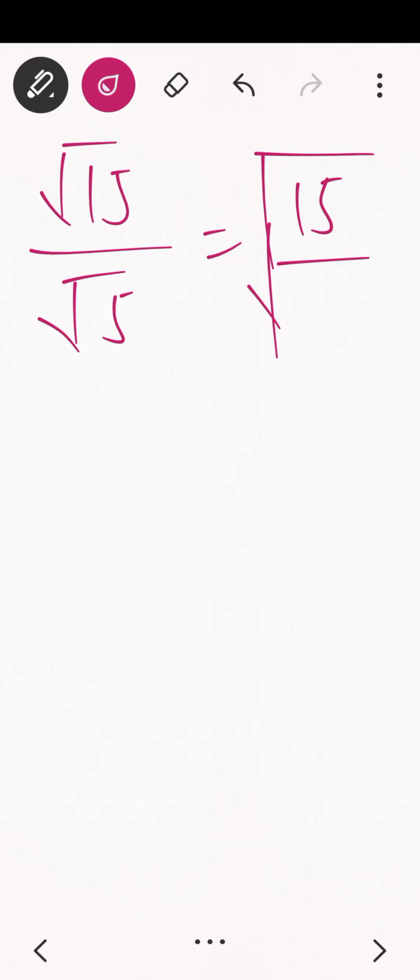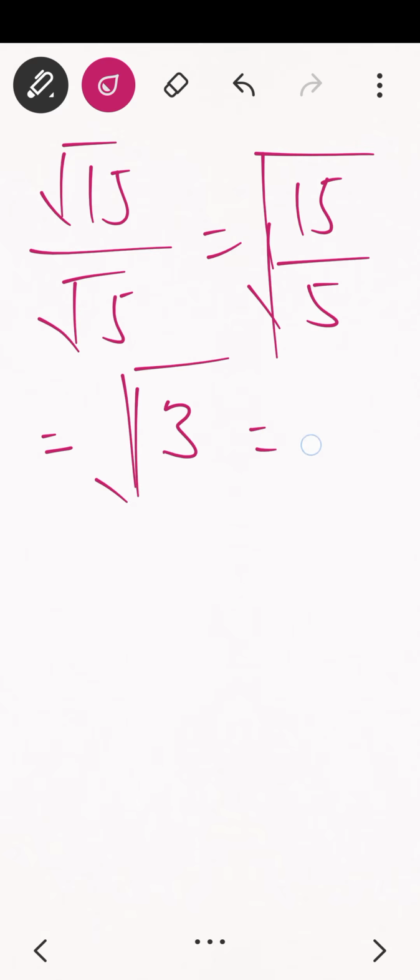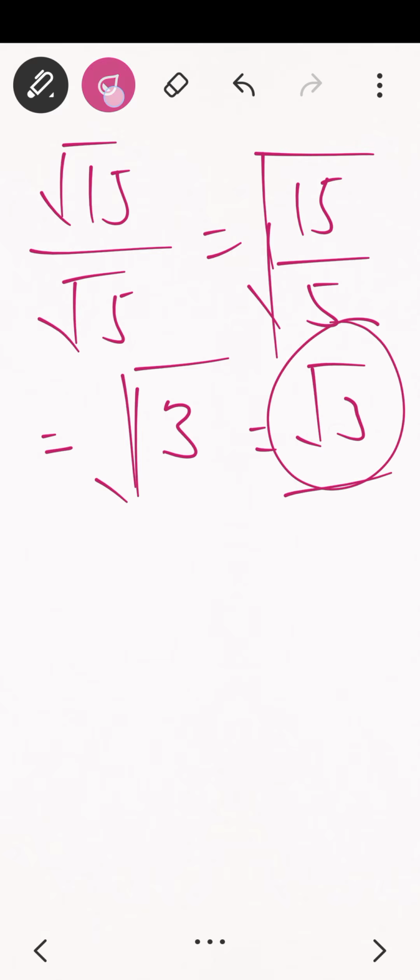What we do is extend the division sign like this, then we put the two numbers inside, just like we did for multiplication. So we have 15 divided by 5, and that should give us 3. So the answer should be root 3. Note that the root sign is still there, so don't forget it. If you forget it, you are getting it wrong.